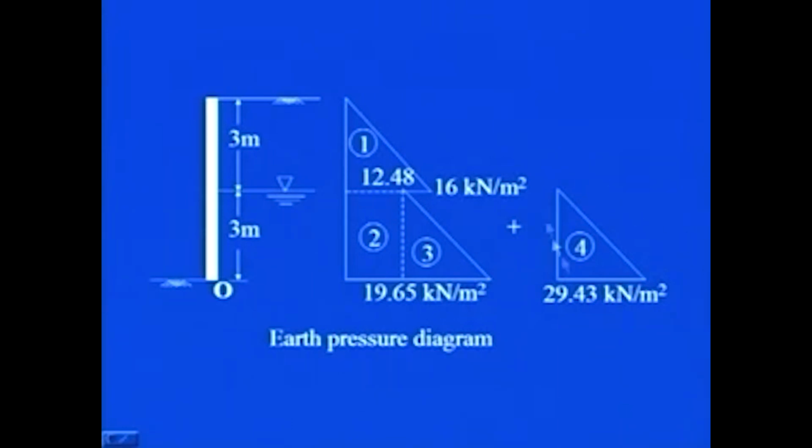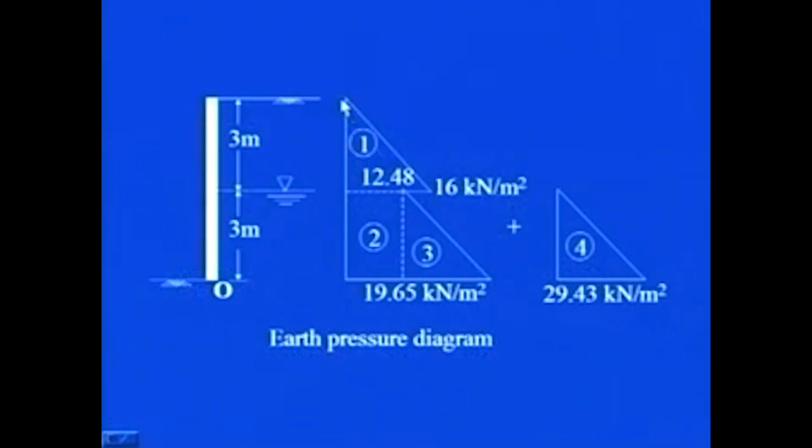Then you have to incorporate the pore water pressure, which is 29.43 kilonewton per meter square. So the area formed by these firm lines includes this earth pressure diagram. Now, for simplicity, once we draw the lateral earth pressure diagram, we need to find its area to get the total force per unit length of the wall.